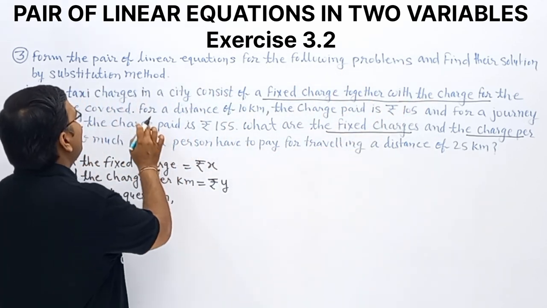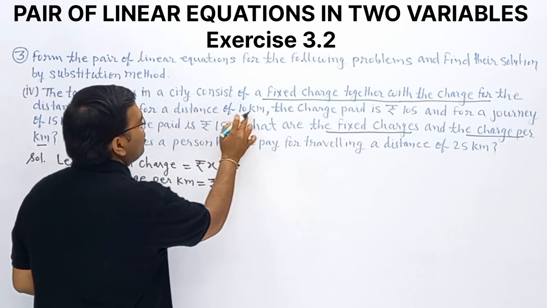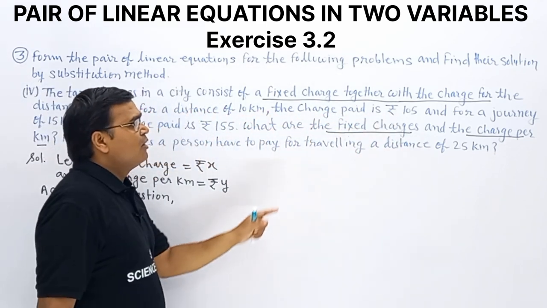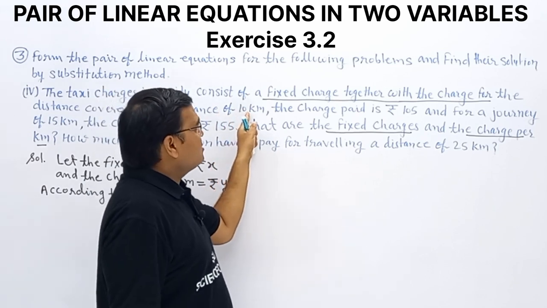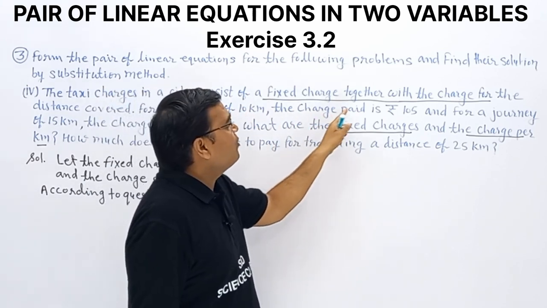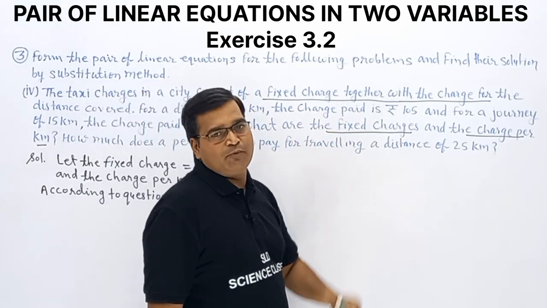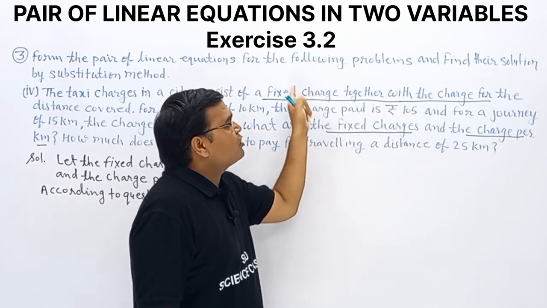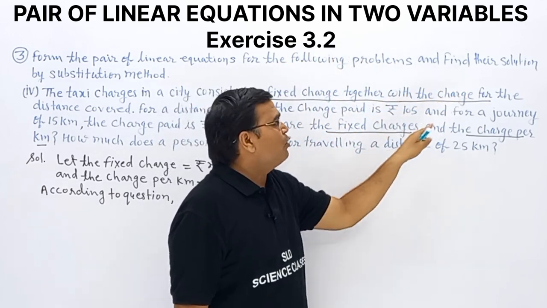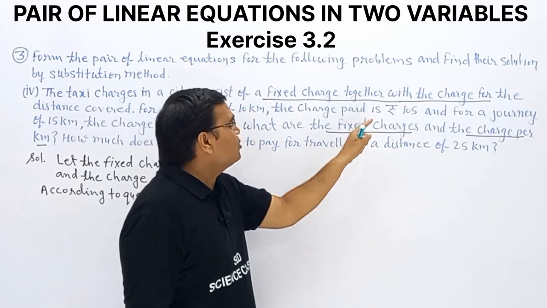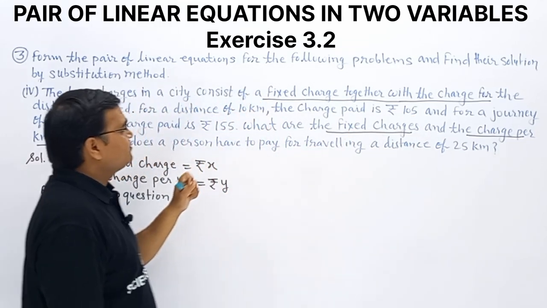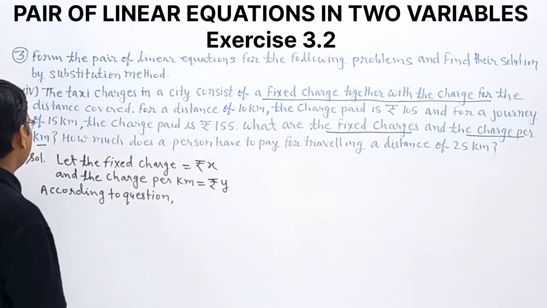Now one situation we have: for a distance of 10 km, the charge paid is rupees 105. For 10 kilometers we pay 105 rupees, which means fixed charge plus charge per kilometer. So how will we write this situation?